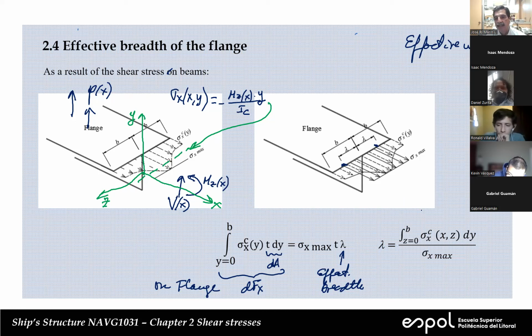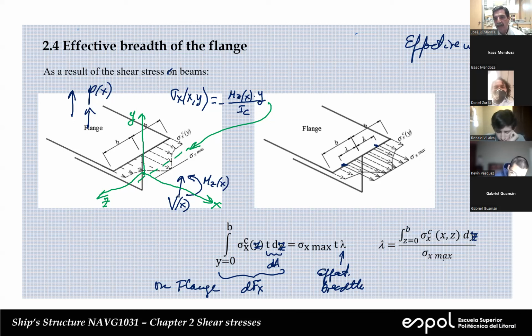So we integrate in this direction. There is an error here, because this is z, since we are integrating in the z direction, okay? And this is also incorrect, this is z. I'm sorry, okay?